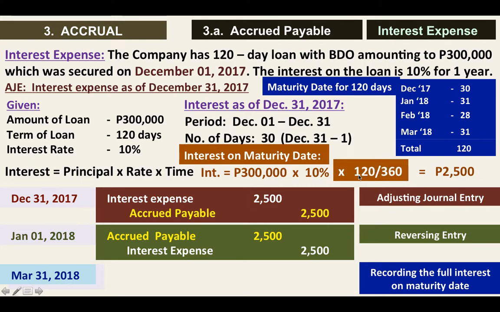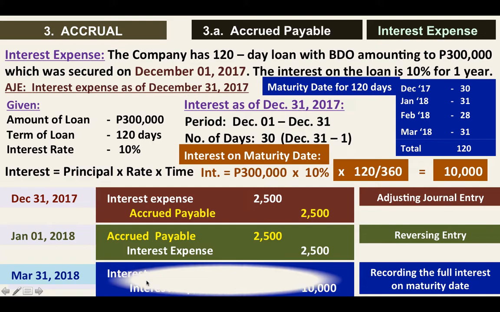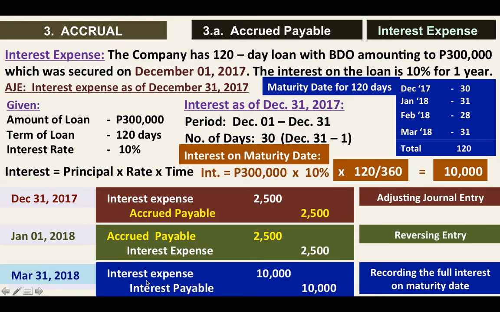So, ang ating time will be 120 over 360 and will give us 10,000. So, ang ating full interest on maturity date will be debit interest expense 10,000 and credit interest payable.